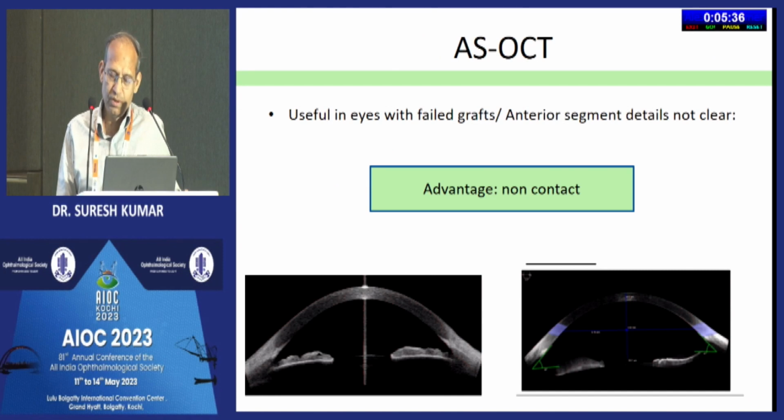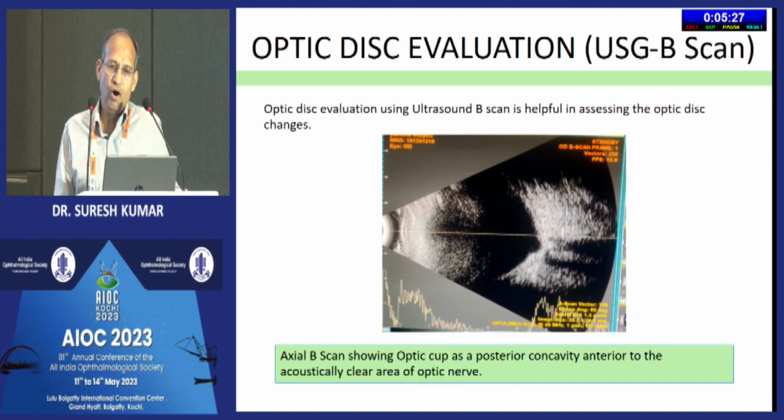Though UBM scores over anterior segment OCT, it has the advantage of being non-contact and can be useful in certain cases. Optic disc evaluation is another issue, especially with opaque corneas, and then ultrasonography can help in evaluating the optic nerve head damage.